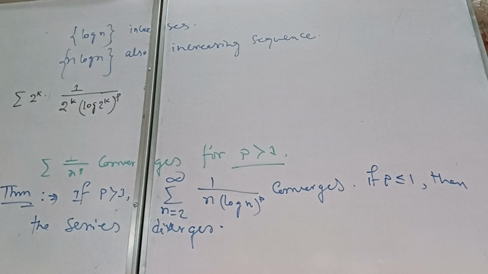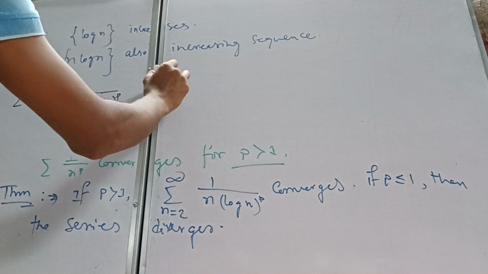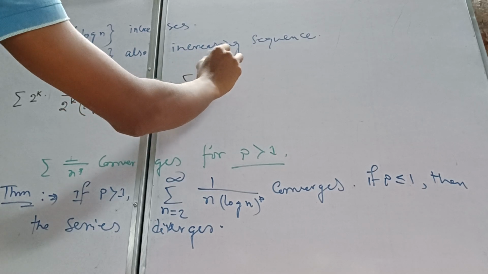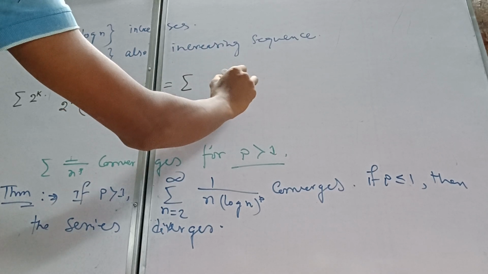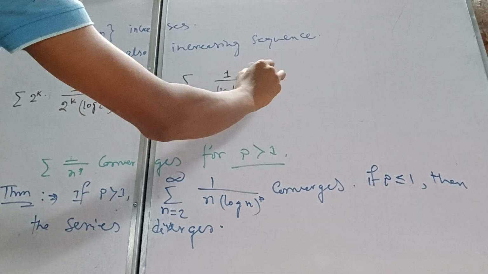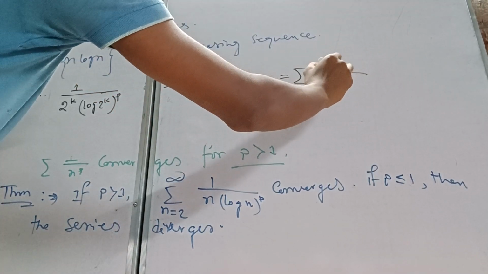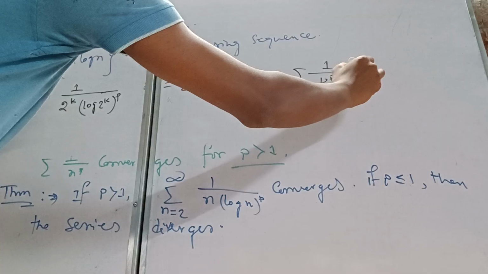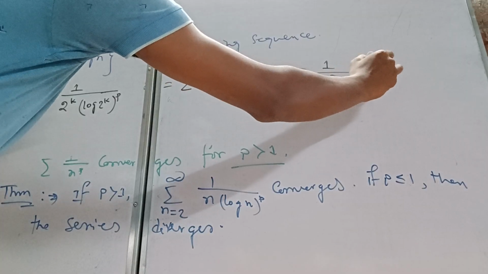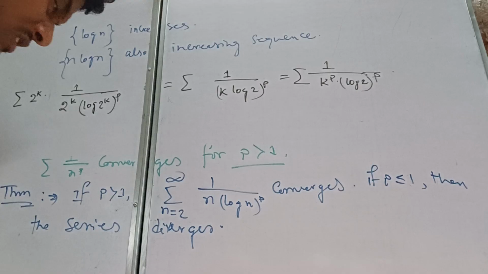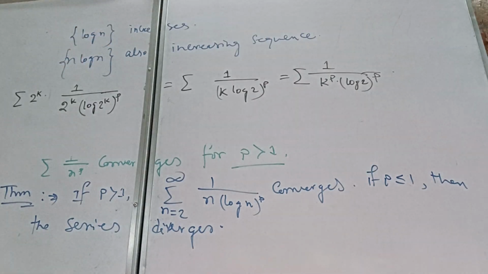So this one equals, we solve, summation 1 by (k log 2) whole to the power p, equal to summation 1 by k^p (log 2) whole to the power p. And in a similar way we also see that this one converges.